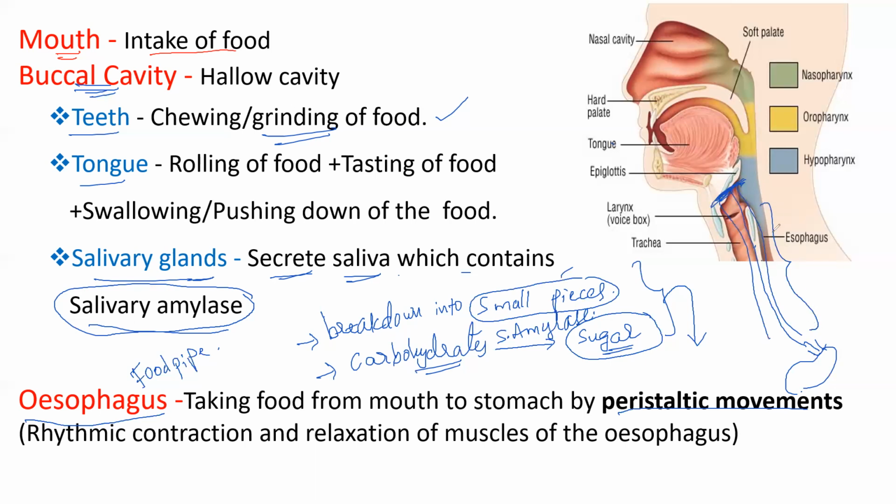How does the food move from top to bottom, from the starting of the oesophagus to the ending of the oesophagus? The oesophagus is made of muscles which have the capacity to contract and relax. Those muscles are helpful to push food down to the stomach.